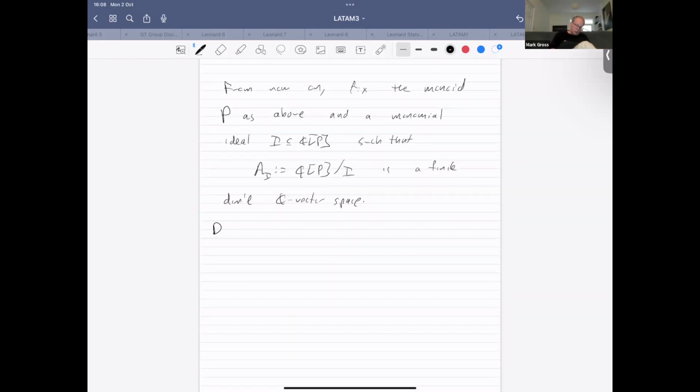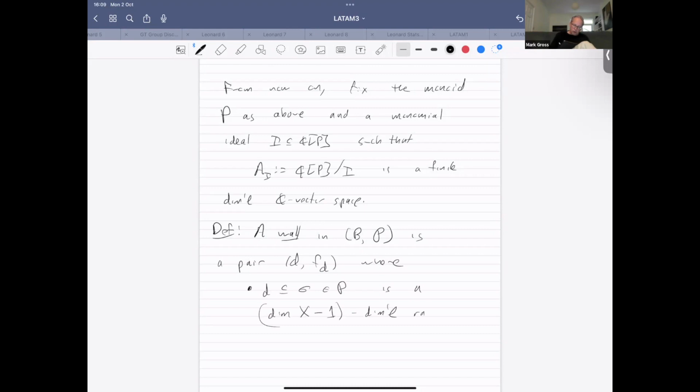The definition: a wall in B_P is a pair (D, f_D), where, first of all, D is contained in some sigma in P, and is a dim B minus 1, so codimension 1, dimensional rational polyhedral cone.